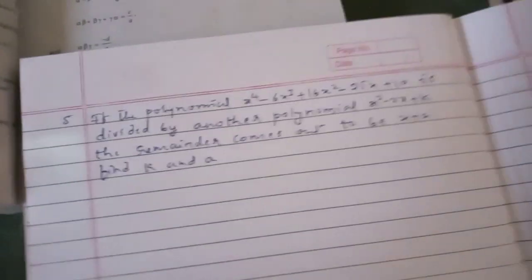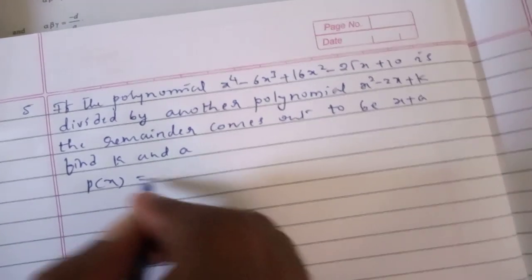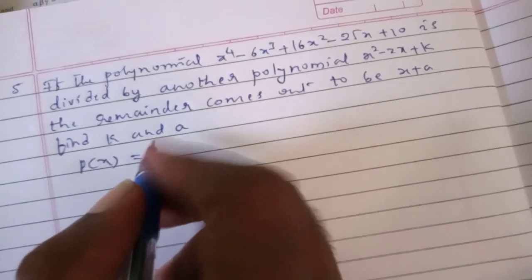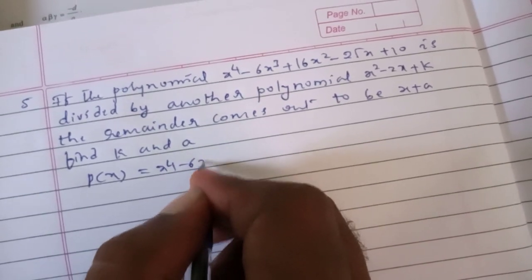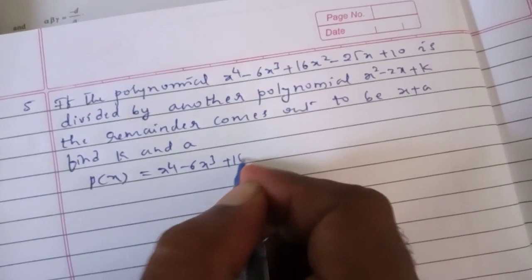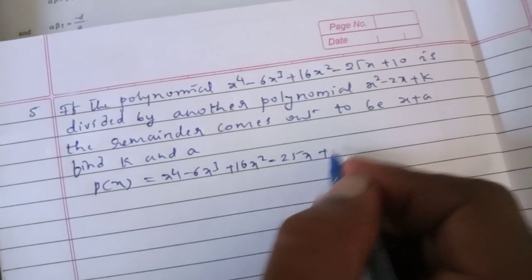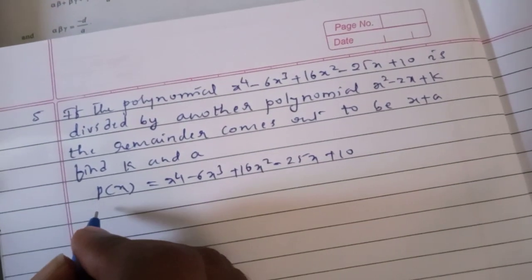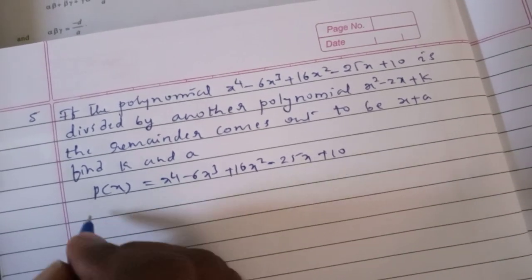You take the given polynomial p of x equals x raised to 4 minus 6x cube plus 16x square minus 25x plus 10, and it is divided by one more polynomial, g of x.